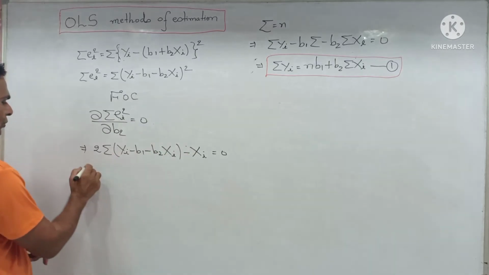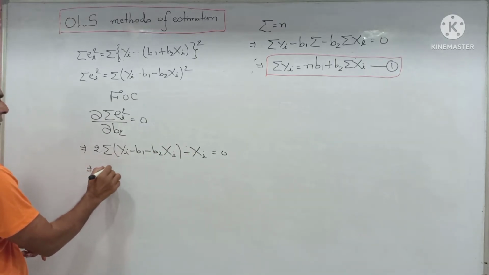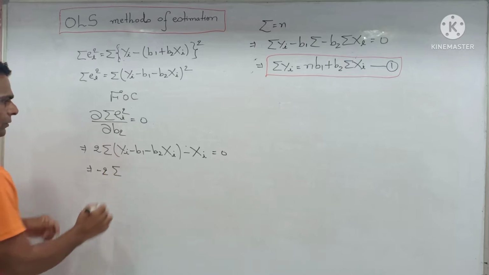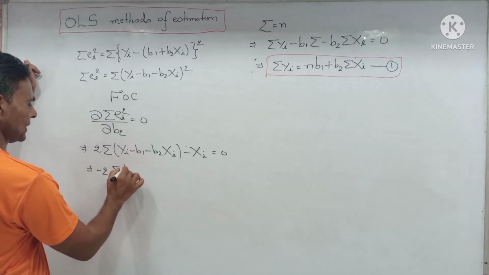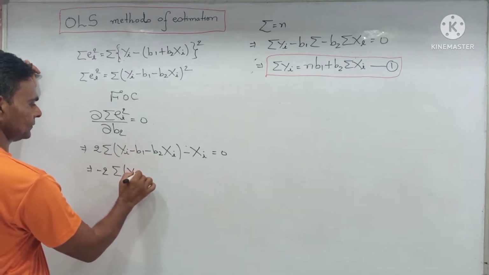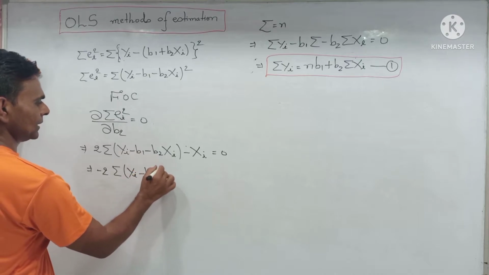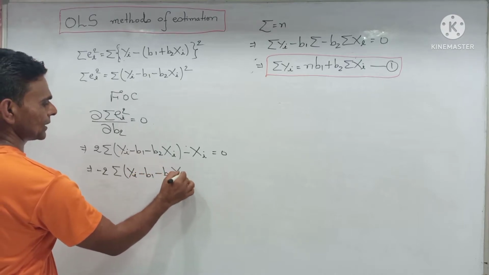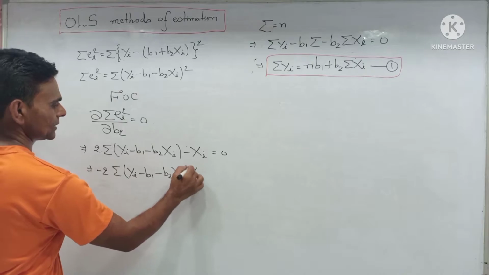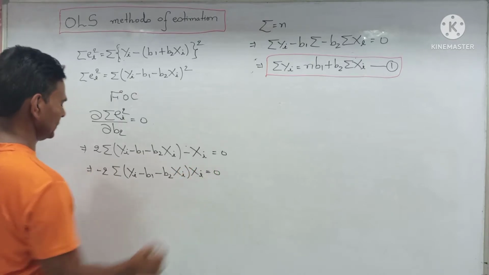Minus into 2 gives minus 2, summation of (yi minus b1 minus b2 xi) times xi equal to 0.